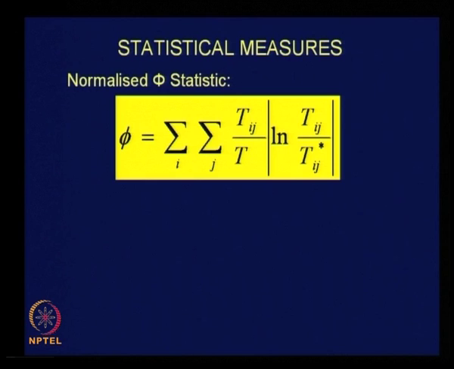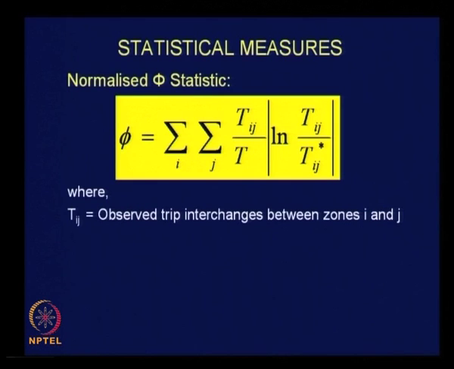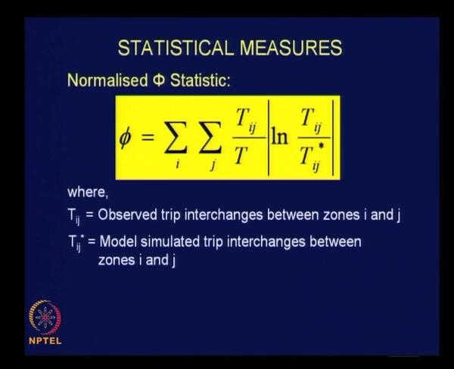where Tij, as you know, is equal to observed trip interchanges between zones i and j, observed values as you observe in the field. T star ij is the model simulated trip interchanges between zones i and j.